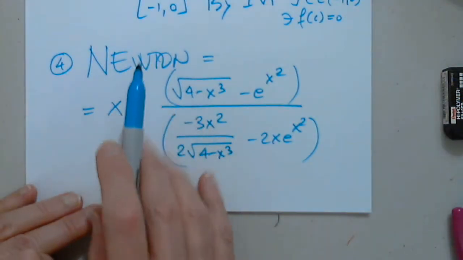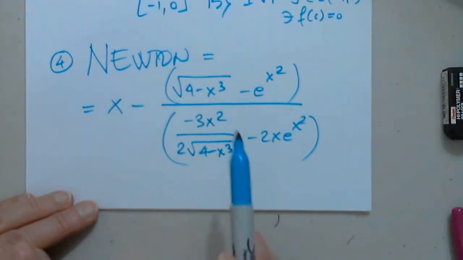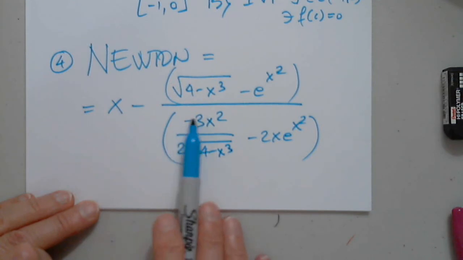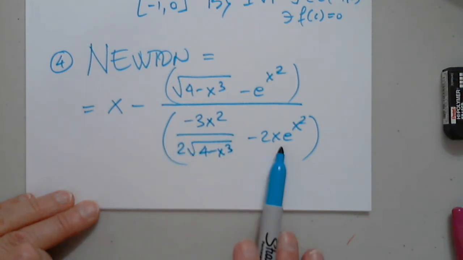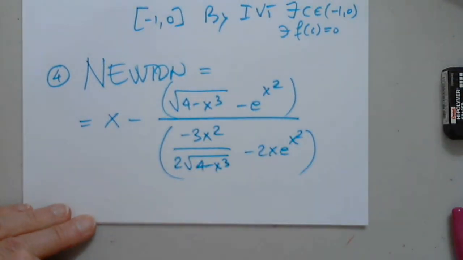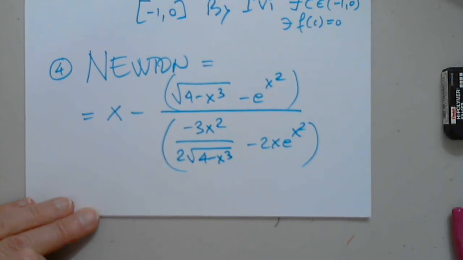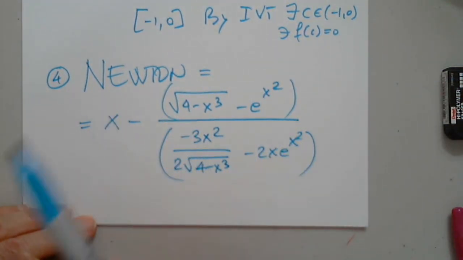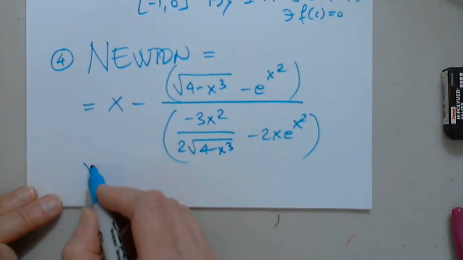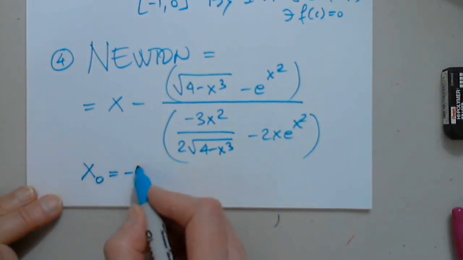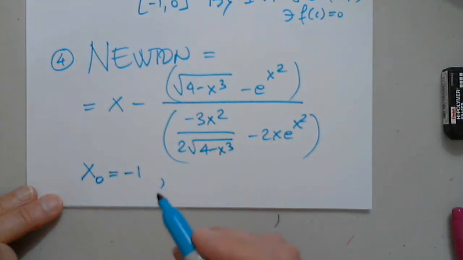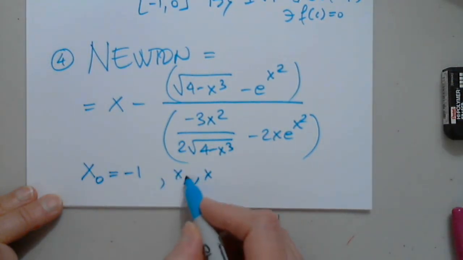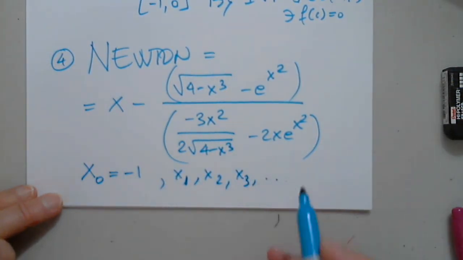I have to be careful. If I start at 0, will there be a problem? This will be 0, not undefined, and this will be 0. I cannot start at 0. Starting at 0 will have the denominator 0, and that's not acceptable. So I can only start with x0 being -1. And then I will determine x1, x2, x3, whatever I need.